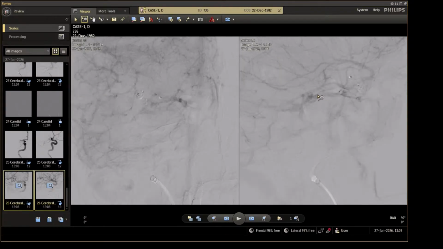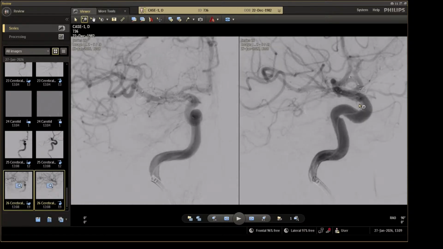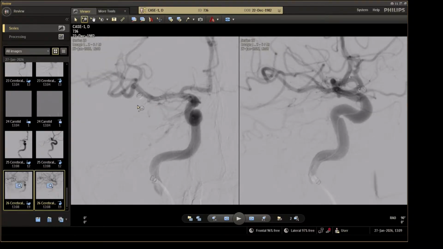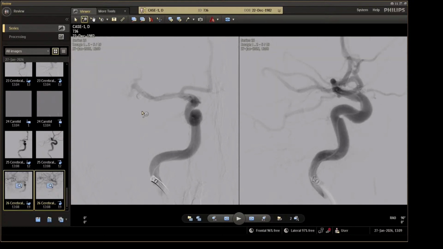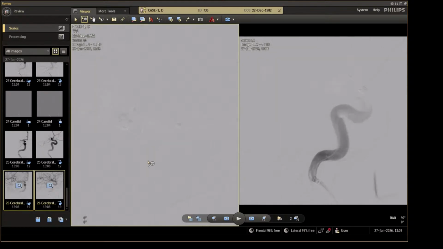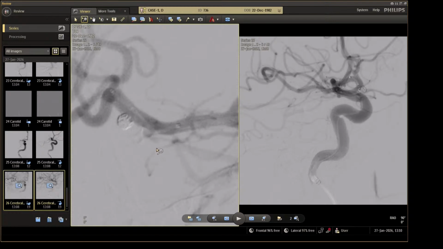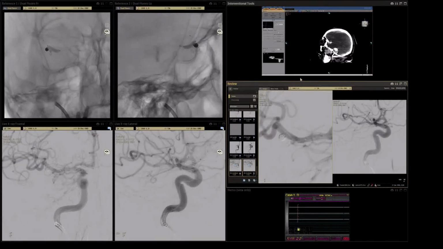I think it's bleeding from this point. Okay. It was a branch at this point.